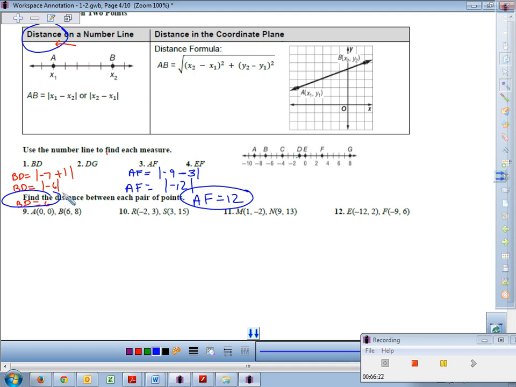You should always circle your final answer also. I got the distance from A to F being 12. You feeling pretty good with that?